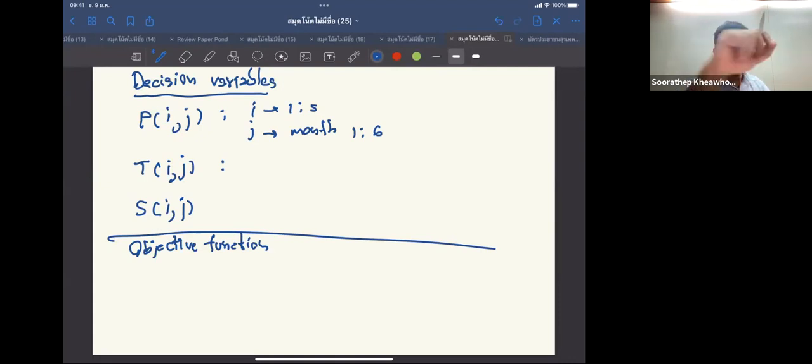Okay, so we have to write down the profit. Profit consists of 2 types of terms: income and cost. Okay. For income, just one moment. The price of the final product is 150, right? And the amount is the summation of S_IJ.